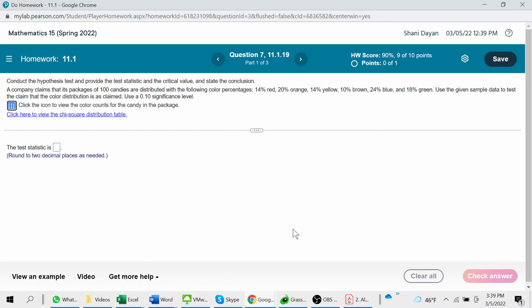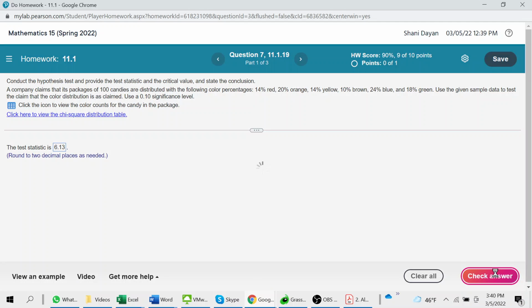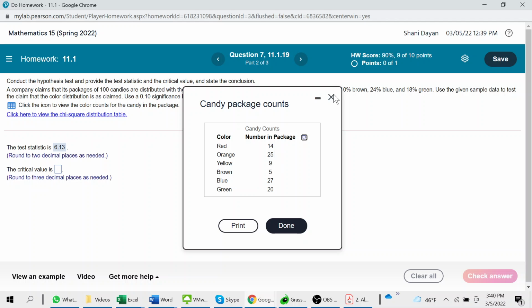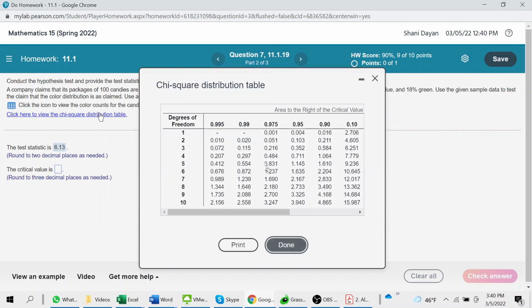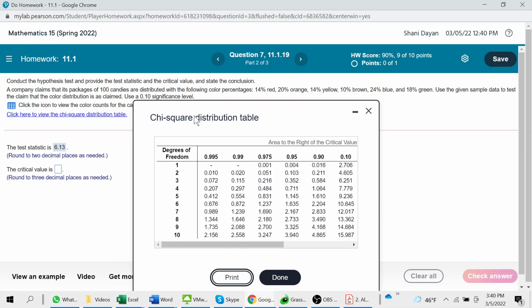Alright, so therefore there's 1, 2, 3, 4, 5, 6. There's 6 parts, so therefore the degrees of freedom is 5. Okay, the test statistic is 6.13. The critical value in this case, let's see here. Degrees of freedom is 5, and the significance level is 0.10.